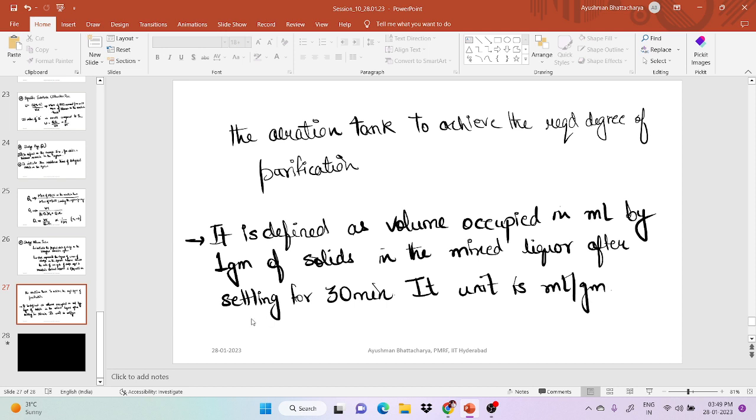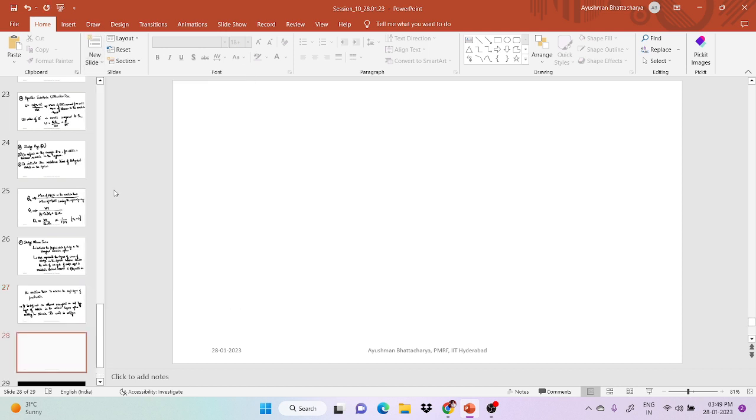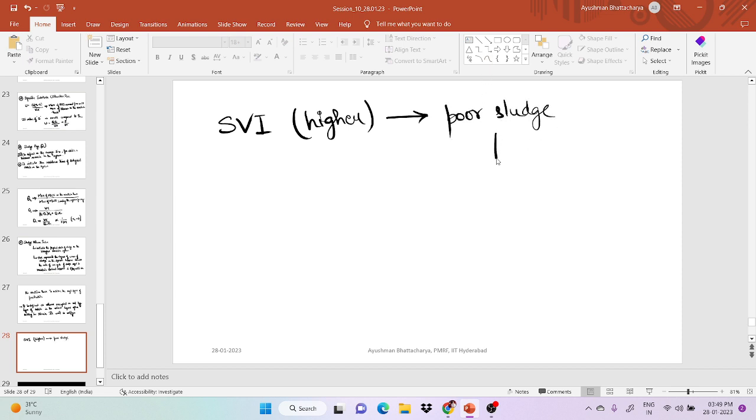So what happens if SVI is higher? Sludge volume index higher means poor sludge, poor settleability, and basically it means filamentous growth.